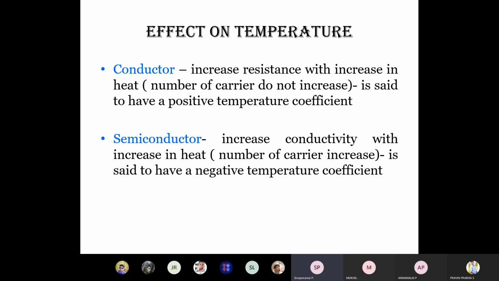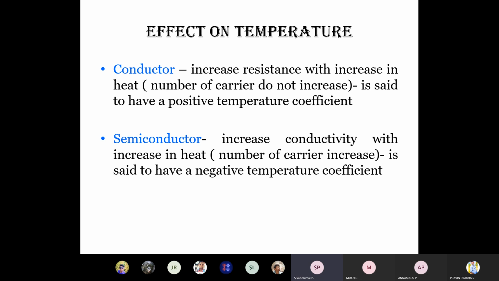Then the effect of temperature on the different materials. Normally a conductor increases its resistance with an increase in heat, which is said to be a positive temperature coefficient. The number of carriers does not increase, only the resistance increases with heat.